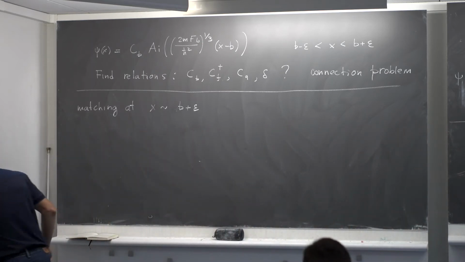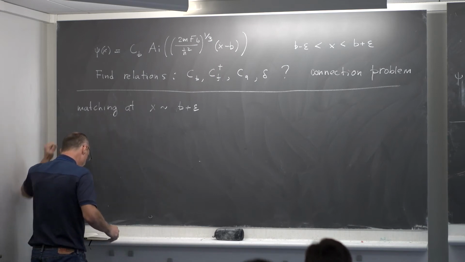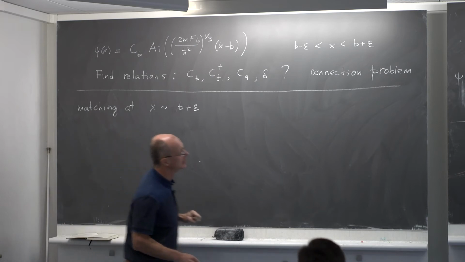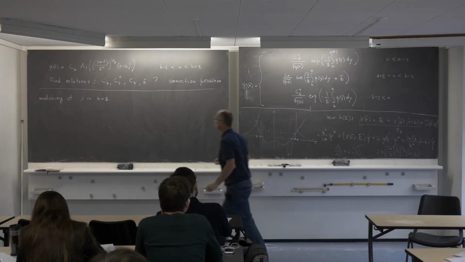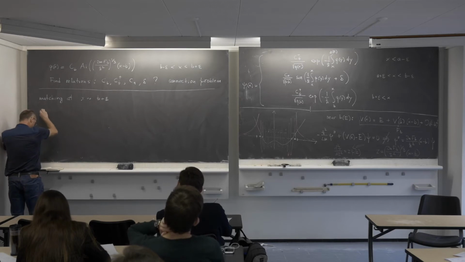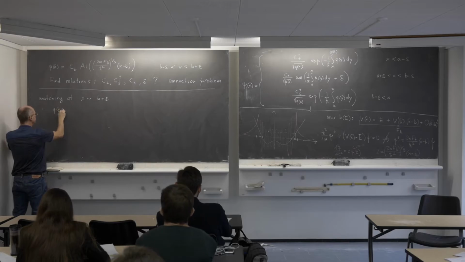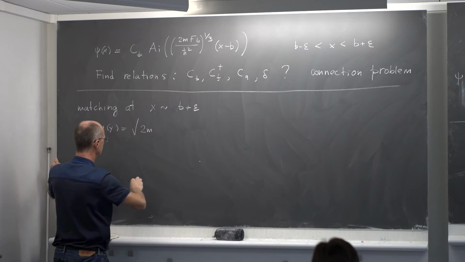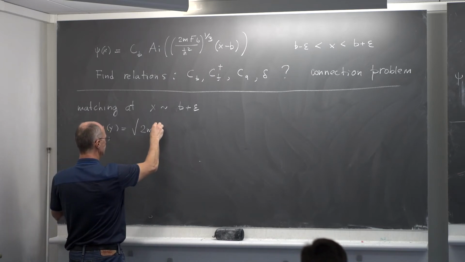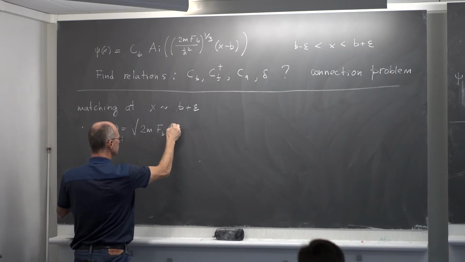So what happens? In order to do that, I need to know how this thing behaves. Now what do I have? I have q of y equal to the square root of 2m f_b times (y minus b), and here maybe you should watch my hands.